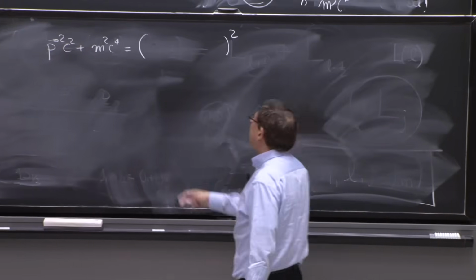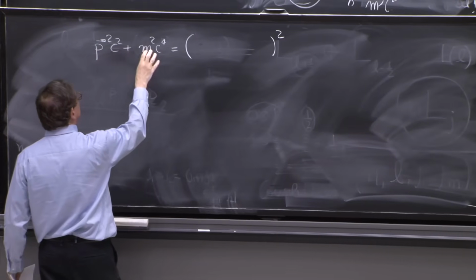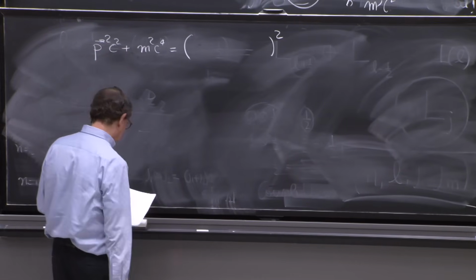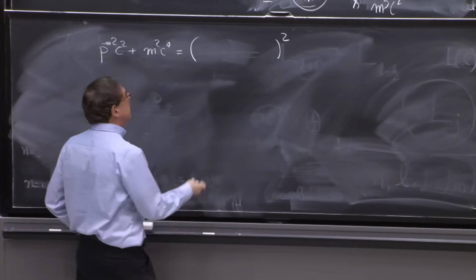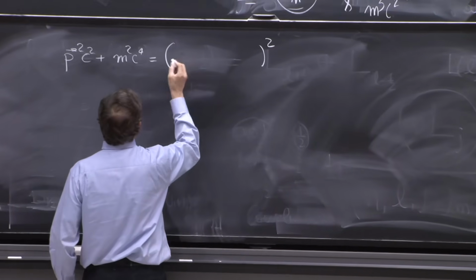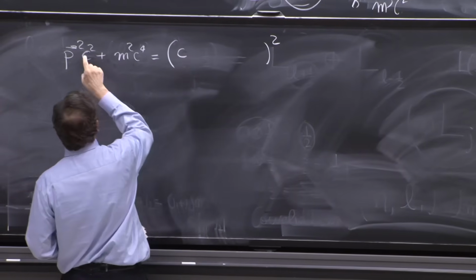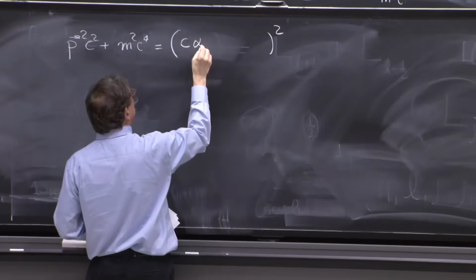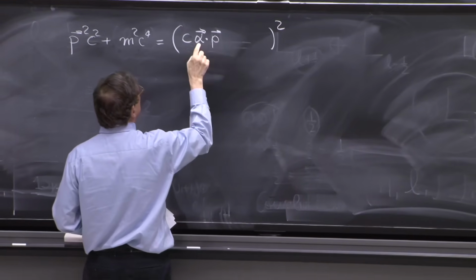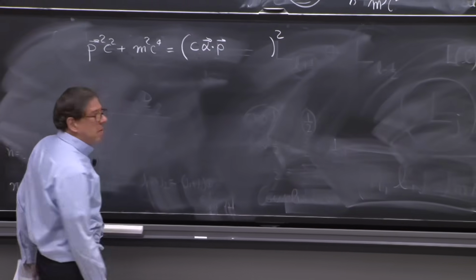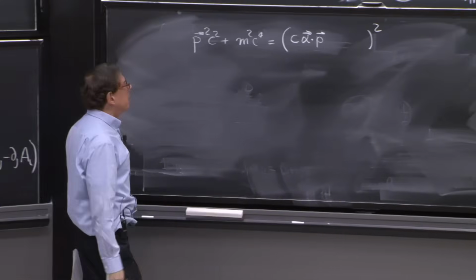But if the cross product would be there, it would be a linear function of p and mc squared. So he said, OK, let me put a linear function of p. And the most general linear function of p is obtained, I want a c, by doing the dot product of a constant vector alpha with p. A constant vector times p is the most general linear function of p.